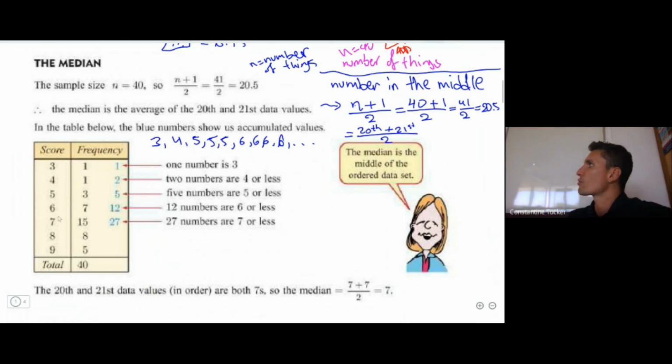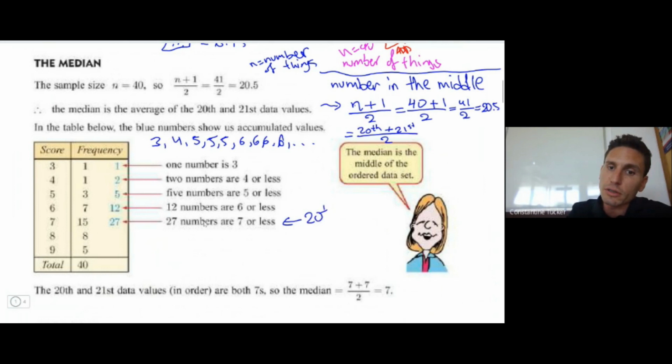The 13th, 14th, 15th, all the way up to the 27th value, all of these are equal to 7. So the 20th and the 21st value are both in here. When I try to find the 20th and the 21st value to divide them by 2, both of them will be equal to 7.